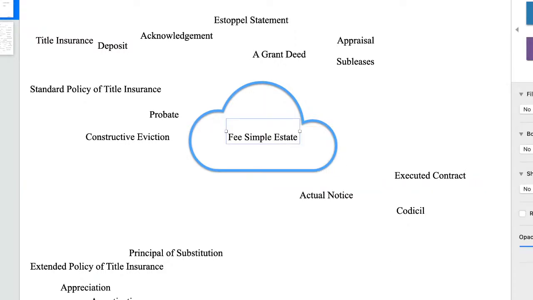Fee simple estate. What do you guys got for a fee simple estate?